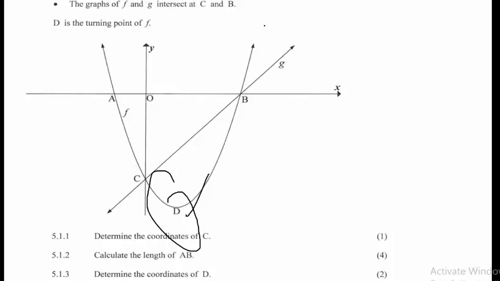Let's quickly go ahead and start the question, which is 5.1.3. Now for 5.1.3, determine the coordinates of D. We start with your X. So we will have an X and a Y, clearly, for the coordinates. So X, axis of symmetry, is equals to -B over 2A, right?